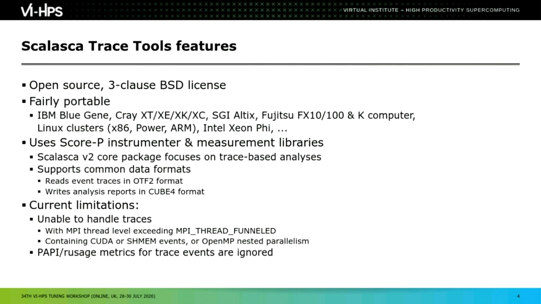So those are components which are exploited and used by the Scalasca toolset. As I mentioned, we're not able to analyze all of the traces that are collected by Score-P, but we're able to handle a large proportion of them, and those are the ones that we'll focus on in the course of the exercise later this morning.